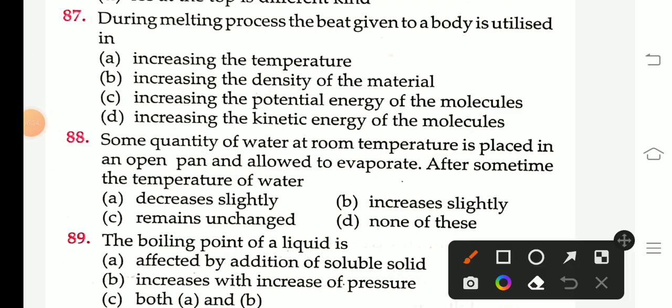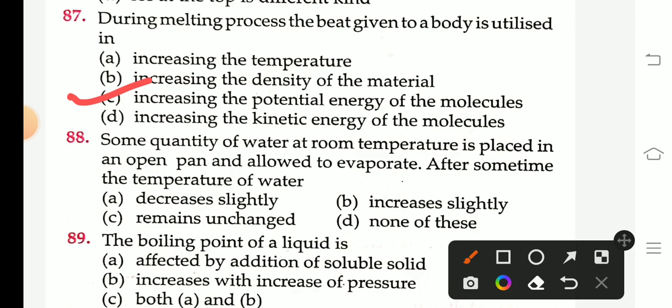Next, during the melting process, the heat given to a body is utilized in. Right answer will be option C. Increasing the potential energy of the molecules. Next, some quantity of water at room temperature is placed in an open pan and allowed to evaporate.